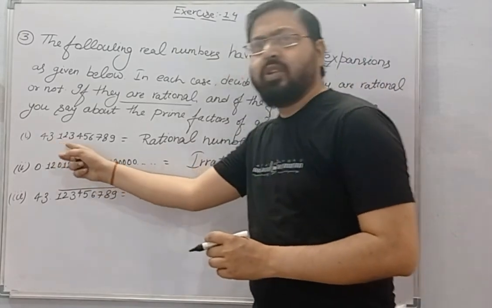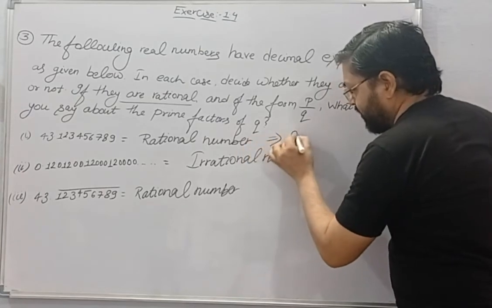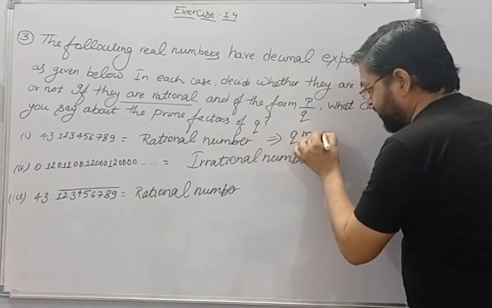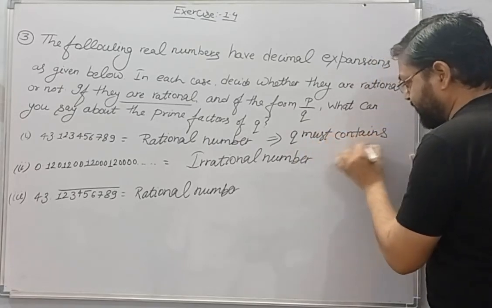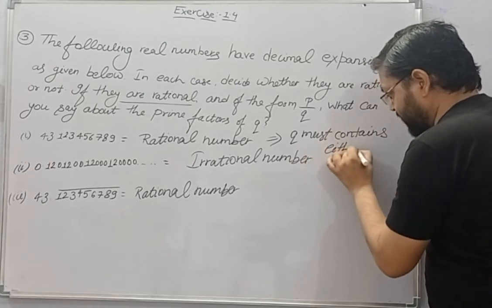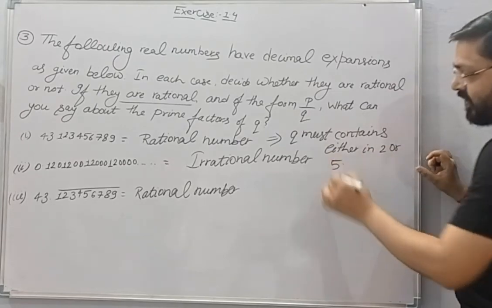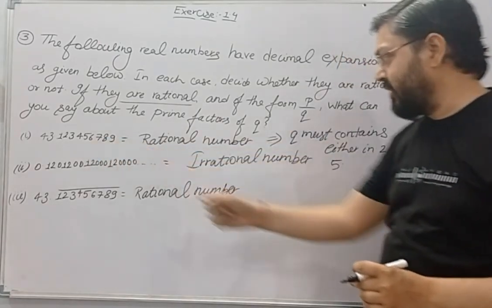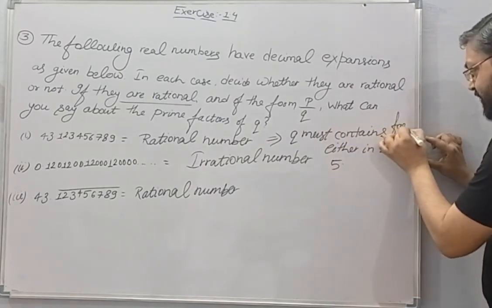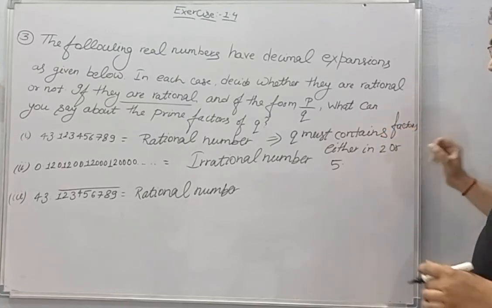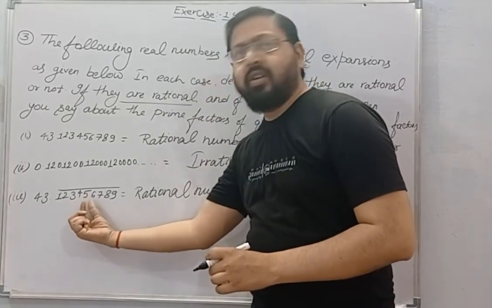As this shows terminating decimal expansion, in this case q must contain factors either of 2 or 5. Now this is non-terminating but repeating.